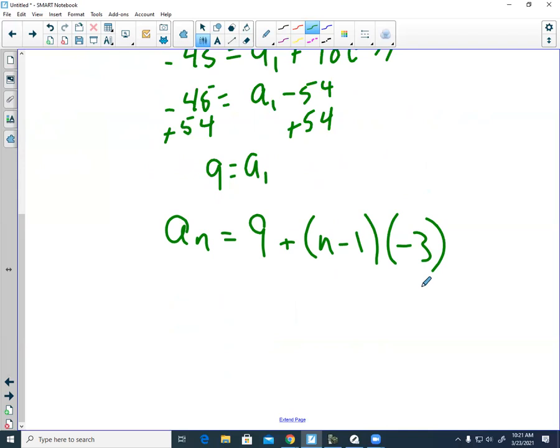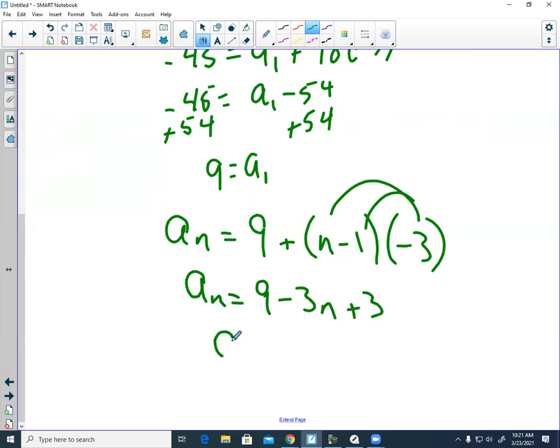Now, this is a nice time to have the formula because your calculator won't help you with this if you don't have a list to produce your answer. So now I'm going to distribute this -3 here and here. So AN is equal to 9, and then -3 times N is -3N. -1 times -3 is +3. So AN is going to be equal to, I'm going to rearrange it as -3N plus 12.